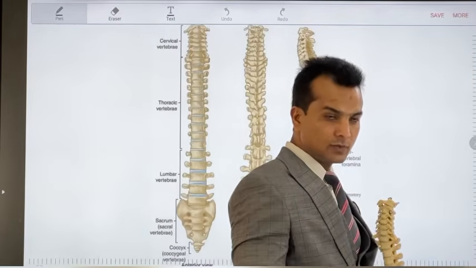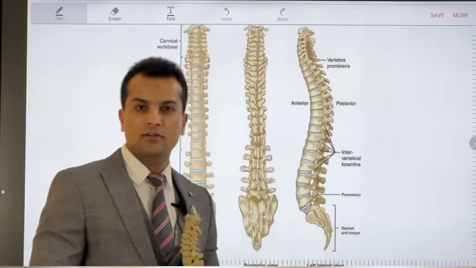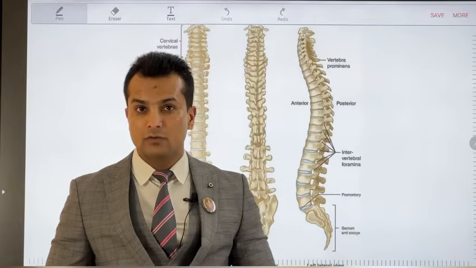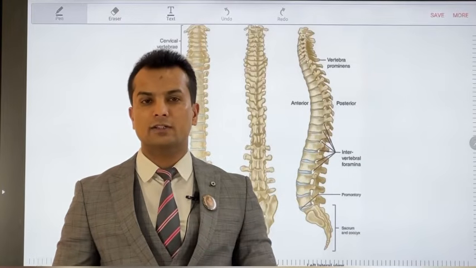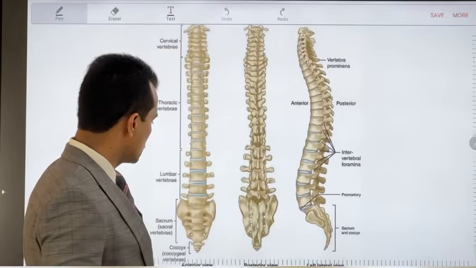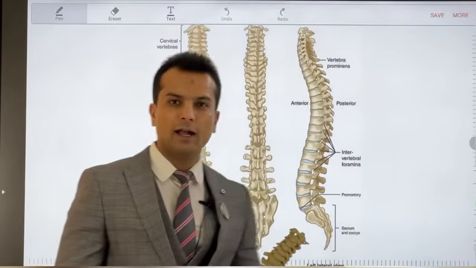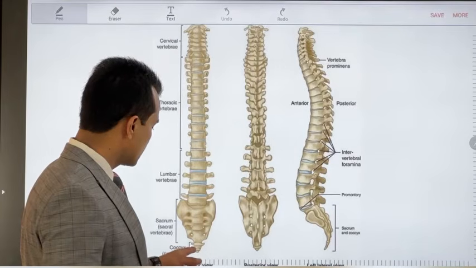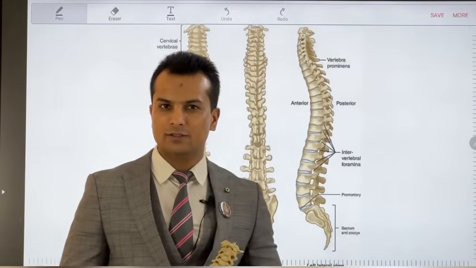You have got 12 thoracic vertebrae. You have got 5 of the largest and strongest lumbar vertebrae, and you have got the wedge-shaped sacrum bone with 5 fused vertebrae, and the tailbone, the coccyx, with 4 vertebrae.